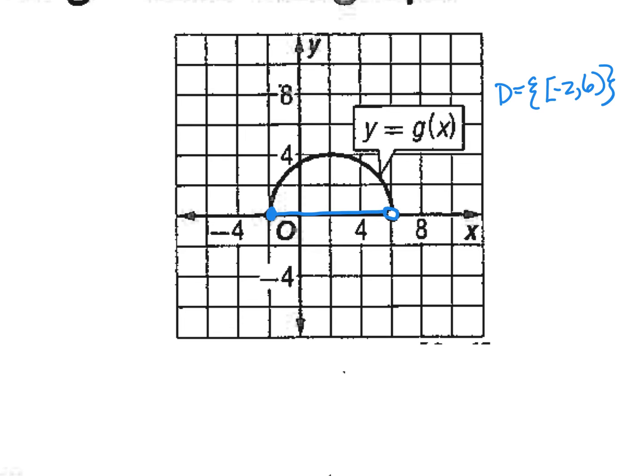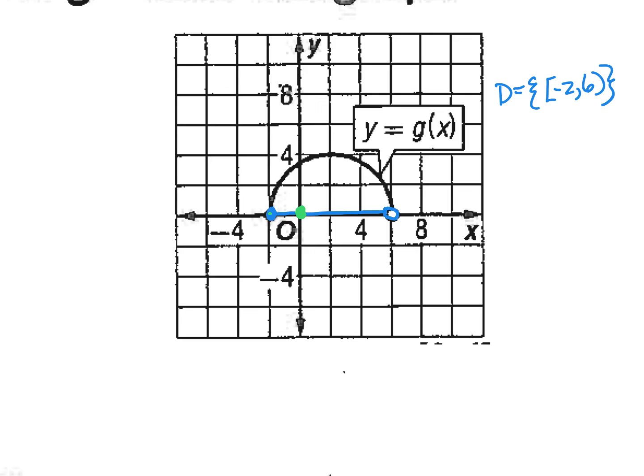Okay, so let's do it the other way for range. Where does this start? What's the lowest value you see, open or closed circle? What's the highest value you see, open or closed circle? What's the lowest value? 0. Open or closed circle? Closed, because this one's closed, right? So it starts here. What's the highest value?